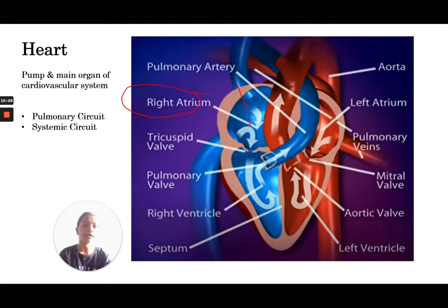The deoxygenated blood enters the right atrium, and from here the blood passes through the tricuspid valve into the right ventricle. From the right ventricle, blood passes through the pulmonary valve into the pulmonary artery.